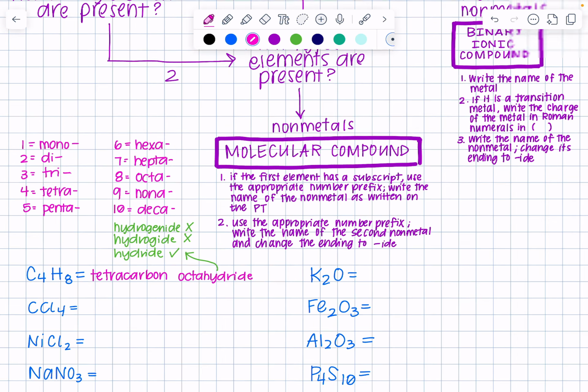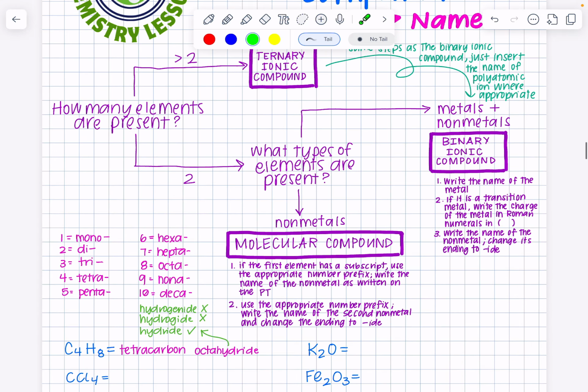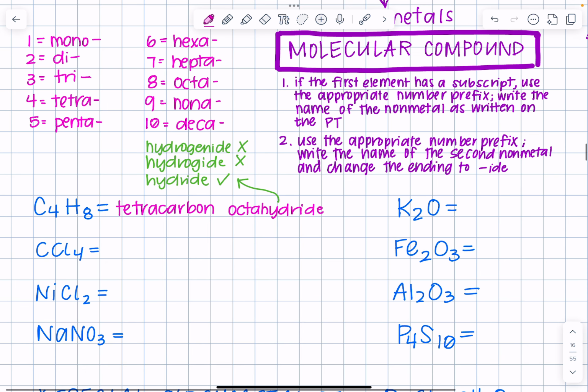All right. So the next one is CCl4. I've got C and Cl, which means I only have two elements present. Carbon and chlorine are both nonmetals. So we're going to follow that same naming rule for this one. All right. If the element has a subscript, this piece is important.